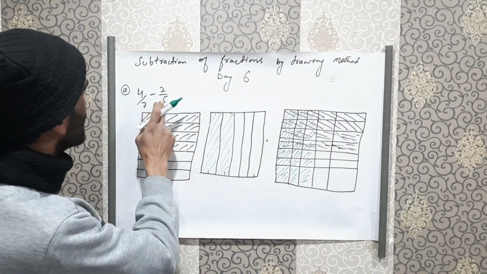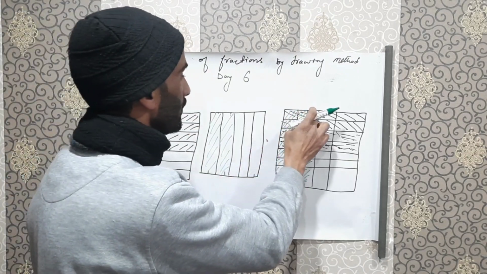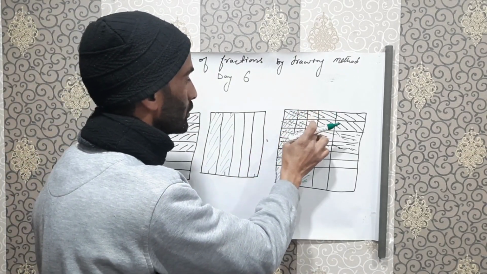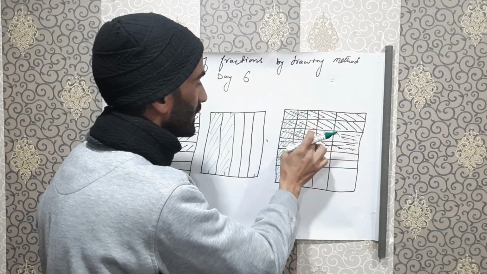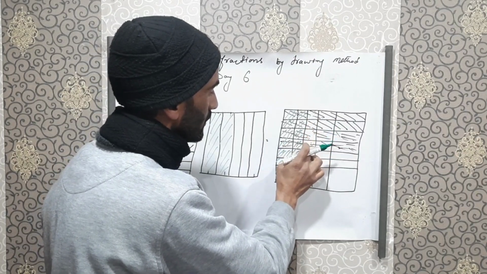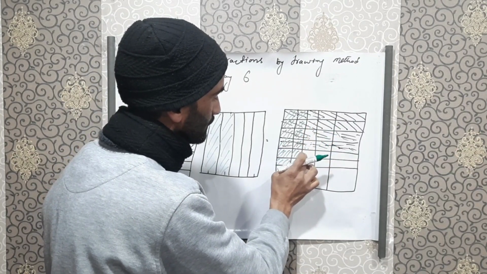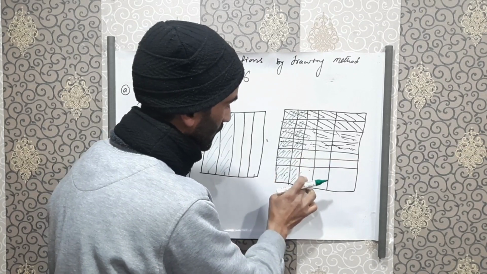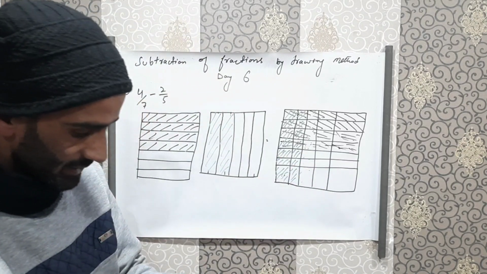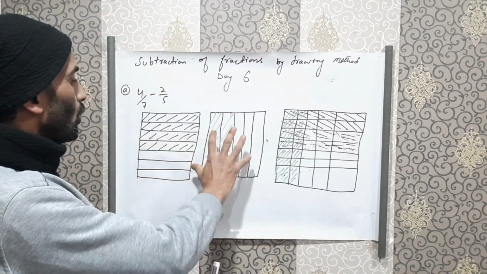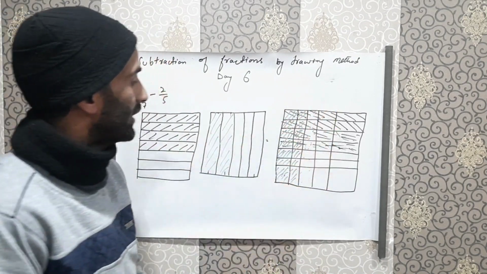How many parts do we have to shade? Only 2. But sorry, we shaded 3 parts, we had to shade only 2 parts. Okay, my dears, now we have represented both the fractions, both the drawings, in one drawing.